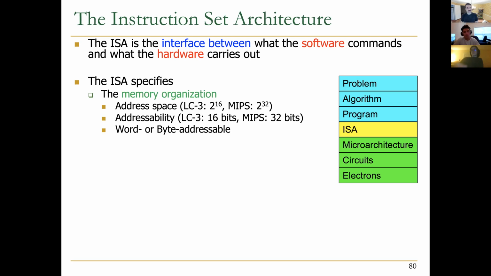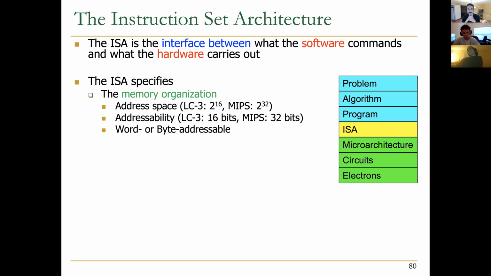So the ISA specifies the memory organization, like how much memory we have, the memory address. In LC3 we have 16-bit encoding, so we have 2^16 memory addresses. In MIPS we have 32-bit encoding, so we have 2^32 possible addresses. This is how large the memory is.